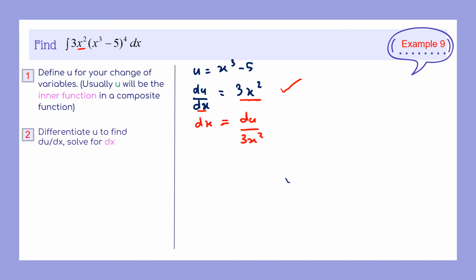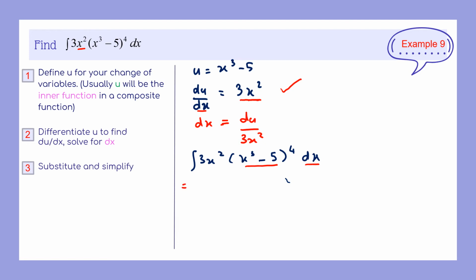Now we continue step 3, substitute and simplify. So integrate 3x^2 (x^3 minus 5)^4 dx. So we substitute for u and dx. So this one x^3 minus 5 becomes u and dx becomes du over 3x^2.